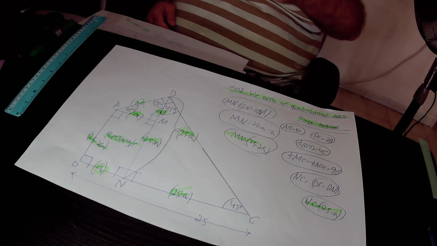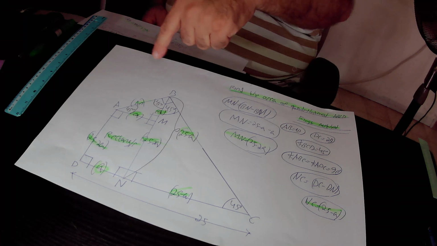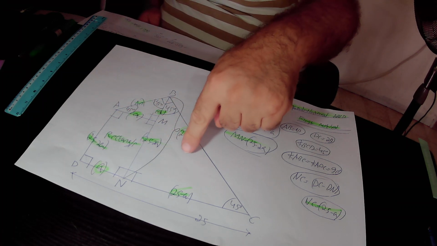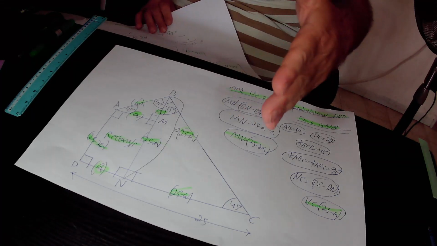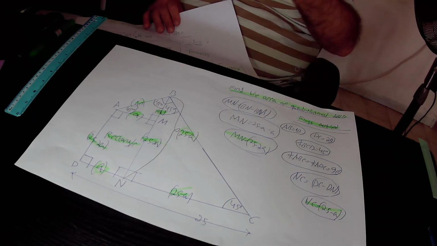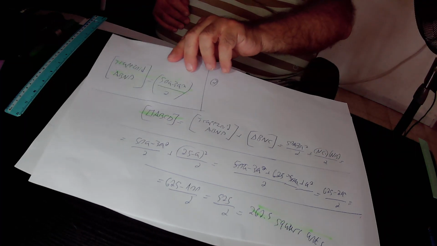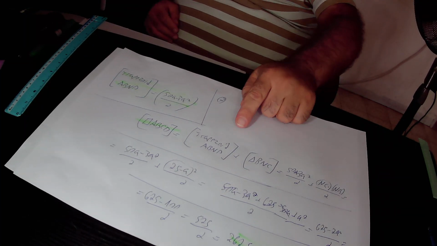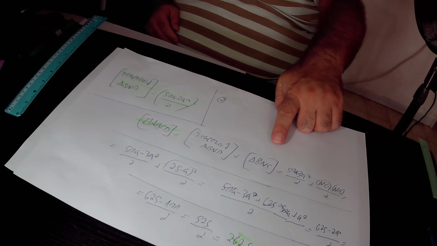From the diagram it is very easy to see that the area of this quadrilateral ABCD equals the area of trapezoid ABND plus the area of this right triangle BNC. Again, the area of this quadrilateral ABCD is the area that we are looking for in this question. In total, it equals the area of trapezoid ABND plus the area of the right triangle BNC.